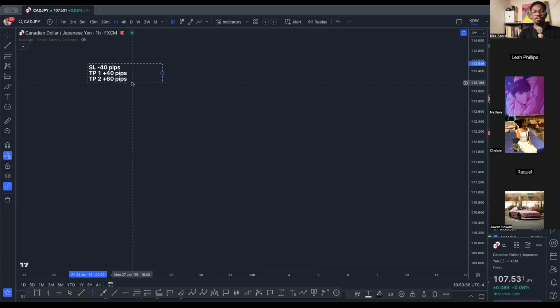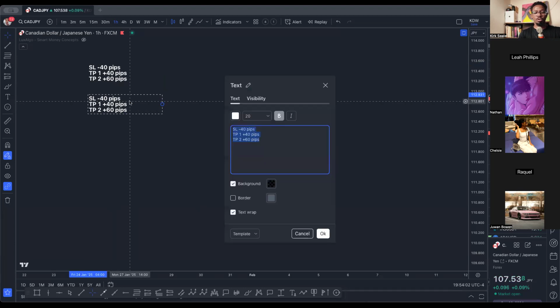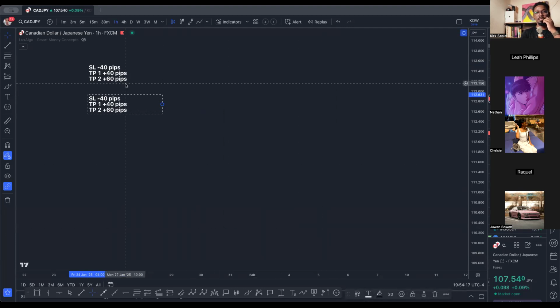Because the formula for knowing what your lot size is going to be is your risk, divided by your stop loss multiplied by 10.